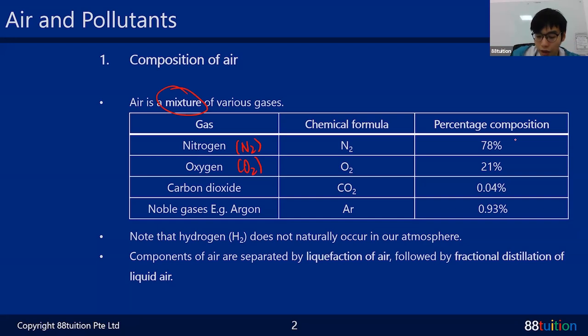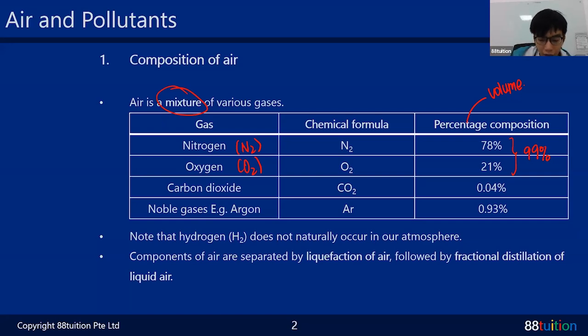You need to memorize the percentage composition also, in terms of volume. The air is made up of 78% nitrogen and 21% oxygen. If you add them together, these two gases sum up to about 99% of the volume of air. That means the remaining is only 1%, very small.